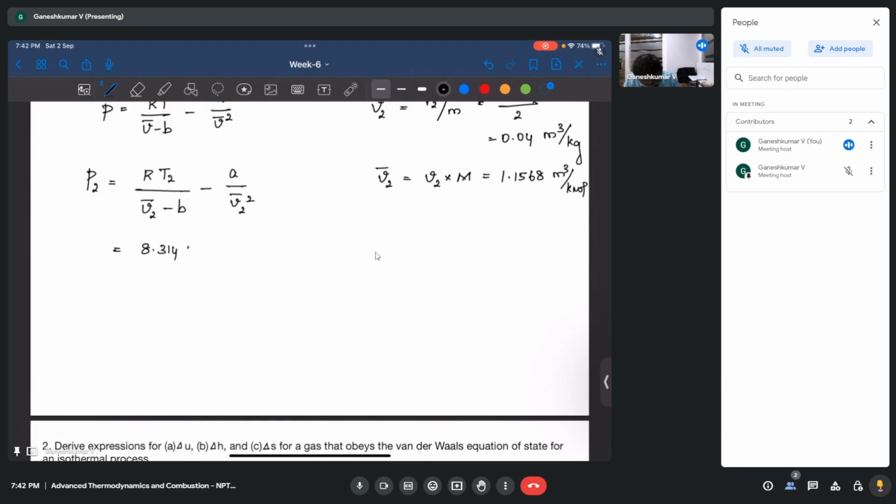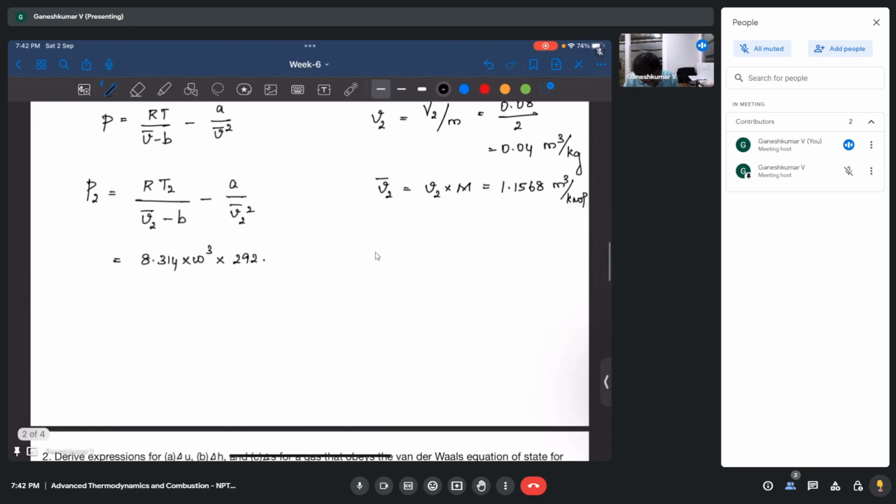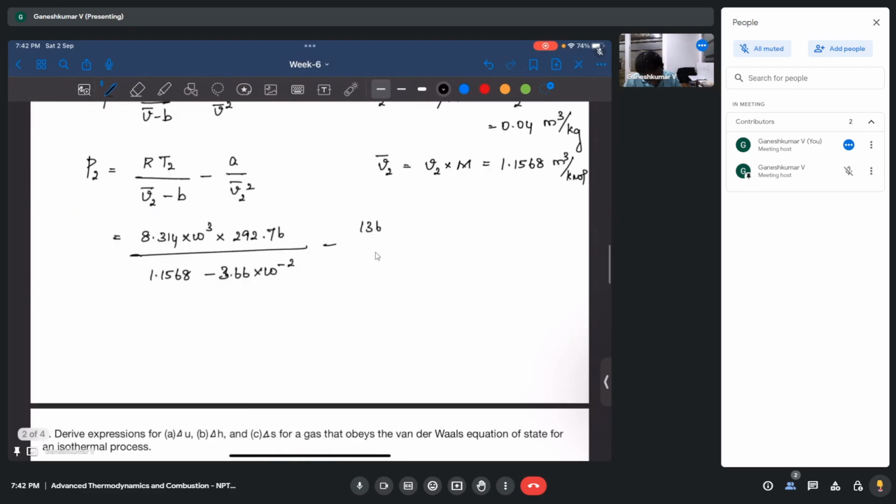This is going to be 8.314 into 10 power 3 into T2, which we just found, 292.76, divided by 1.1568 minus 3.66 into 10 power minus 2, minus A, which is a very big number, 136825, divided by 1.1568 square. The moment of truth.